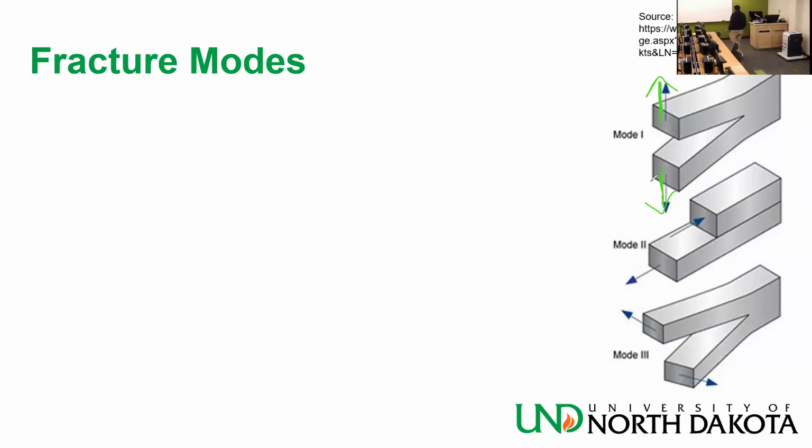Now, that being said, in most of these applications in the subsurface outside of petroleum engineering, it's very rare that you're going to see mode 1 fractures. You need human intervention to create those mode 1 fractures because there is not a lot of tension naturally occurring in the Earth's subsurface. There is a lot of compression, but there is not a lot of tension. When I was doing my postdoc in civil engineering, we only cared about non-tensile failure, something called shear failure.